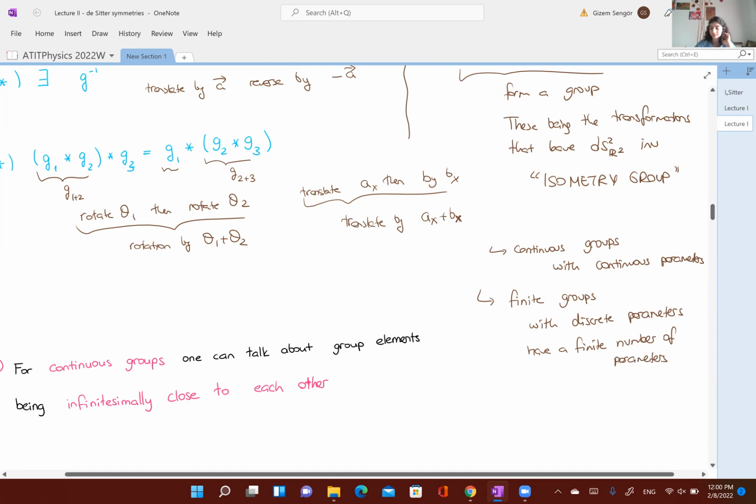Now, if this is your very first introduction to group theory, I suggest a book by Wigner. It's called Group Theory and its Applications in Atomic Spectra. It starts by talking about rotations, translations. It talks about finite groups, continuous groups, and it does everything.